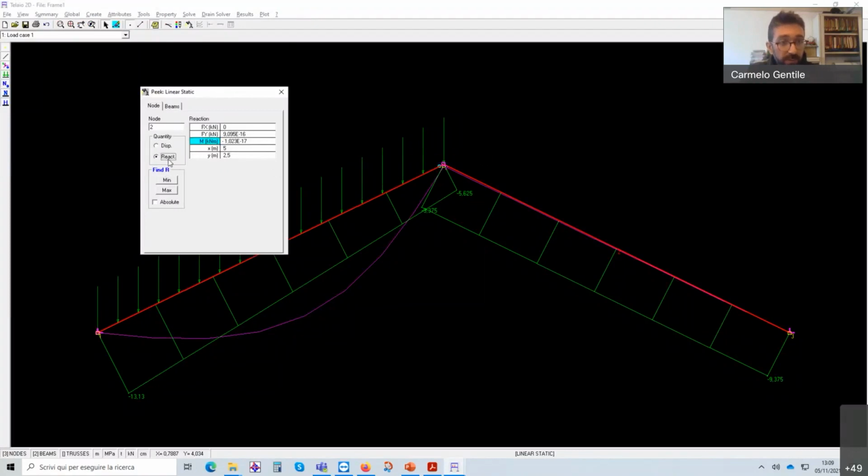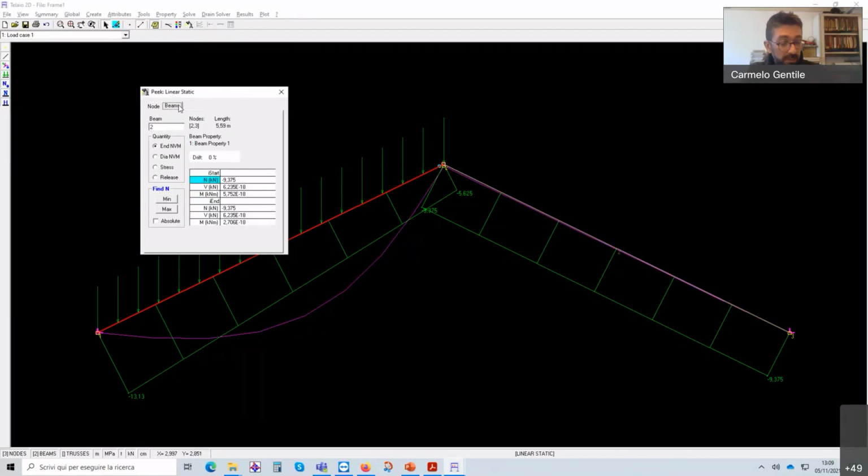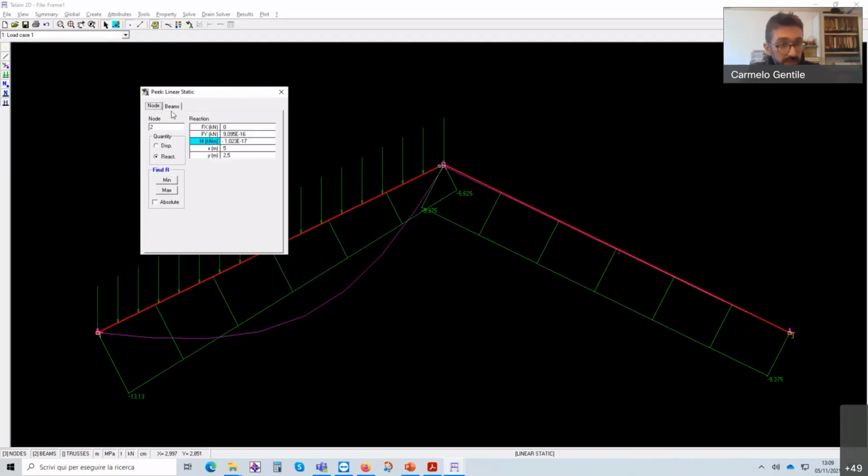If we look for the reactions in node 1, obviously, for example, we can find the reactions 8 point something, 12 point something, and they are the same results that we found by hand computation.